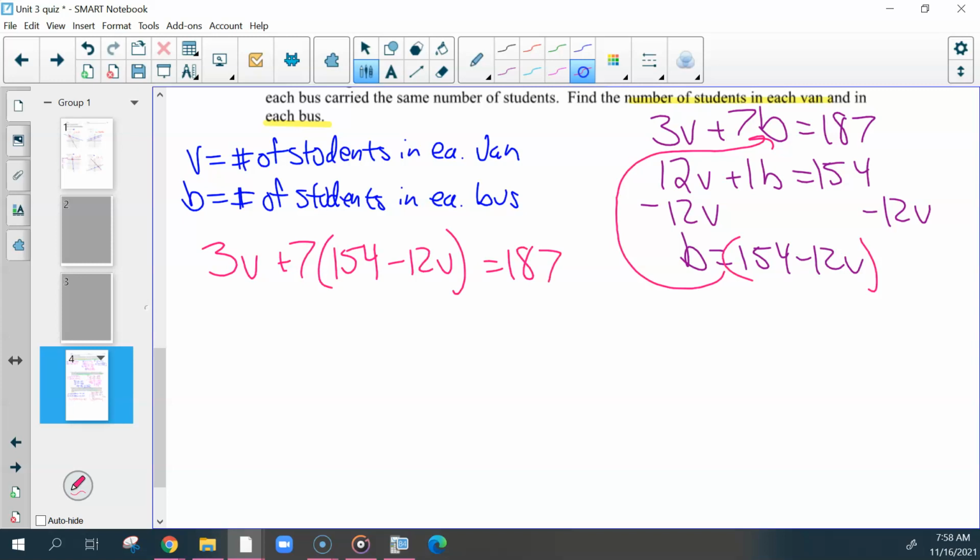And we could solve for V. And then when I combine my like terms, I have negative 81V.